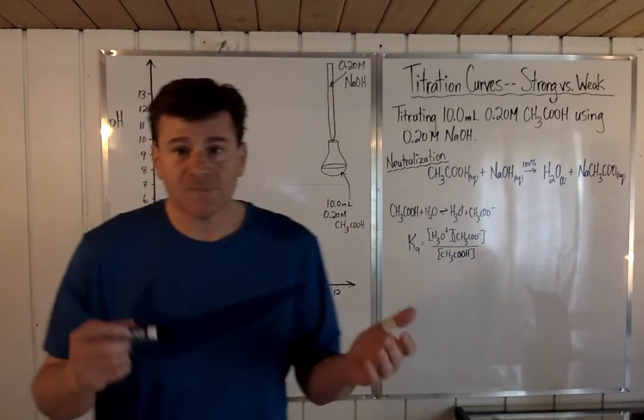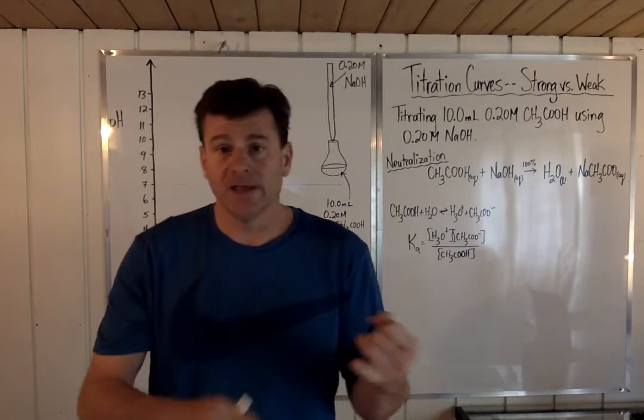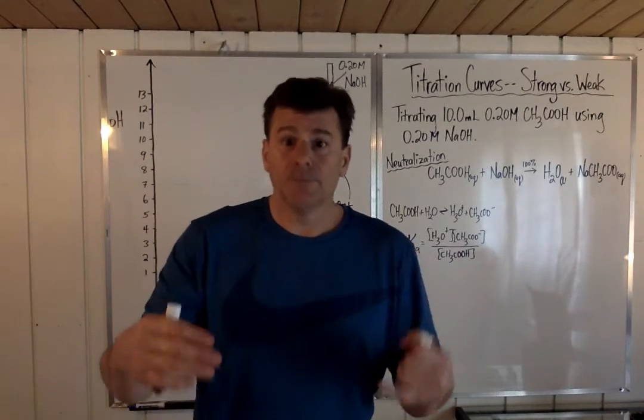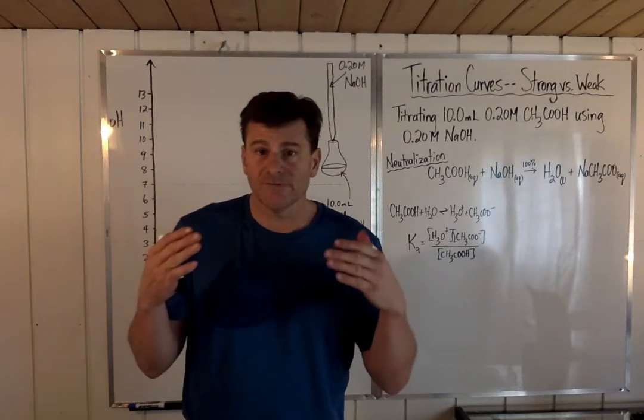Okay, so I'm taking a 10 ml sample of 0.2 molar acetic acid, and I'm titrating with 0.2 molar sodium hydroxide. I chose those numbers for a very specific reason.